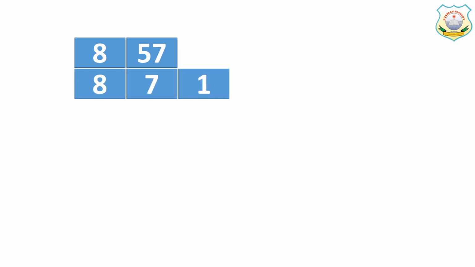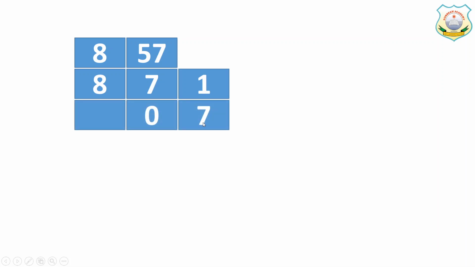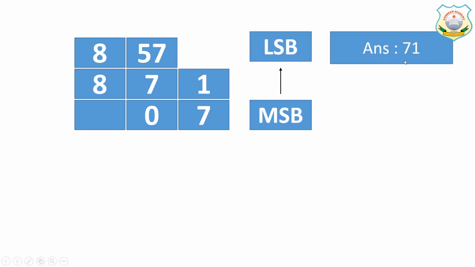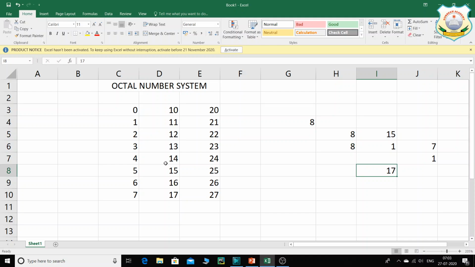So that will be 8 7s, that is 56. The remainder is 1, and then this is not divisible, so I'm going to take 7, so it is 71. So I converted 57 decimal to octal. The answer comes down to be 71. So this is how you're going to convert the numbers, children, and I hope this is very much clear to you.